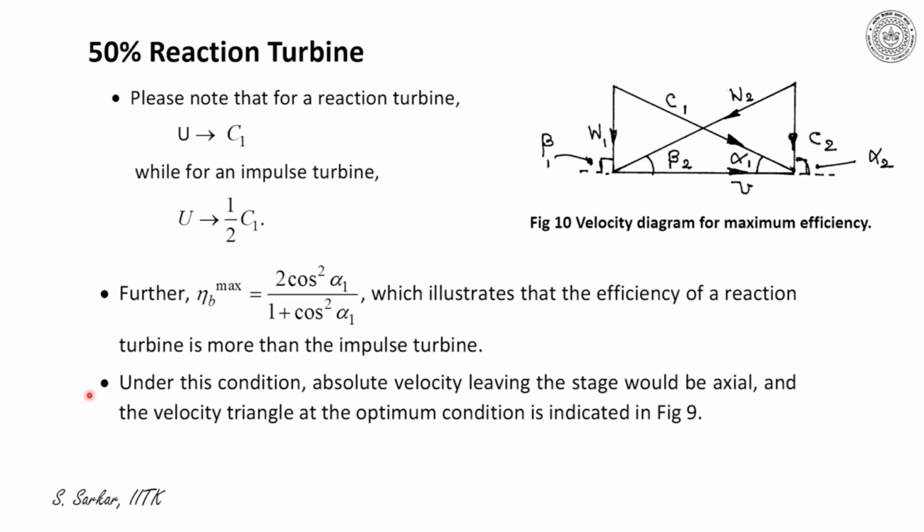Moreover, under this condition, the absolute velocity leaving the stage would be axial, and the velocity triangle at optimum condition has been indicated in figure 10, where alpha 2 and beta 1 would be equal to 90 degrees.